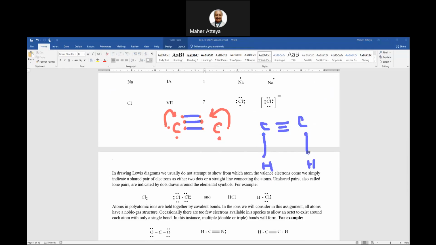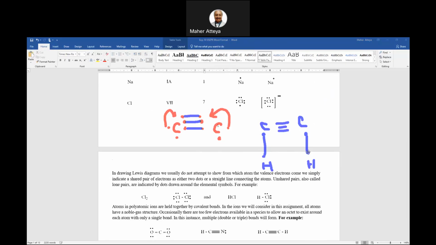So you can see this is the way Lewis was thinking about describing or establishing single, double, triple bonds, correct? This is just connecting the valence electrons of different atoms and then building the double, triple, and single bonds between the atoms.